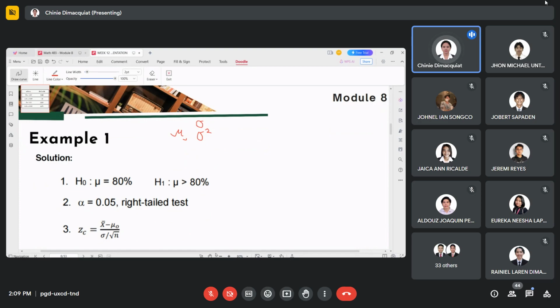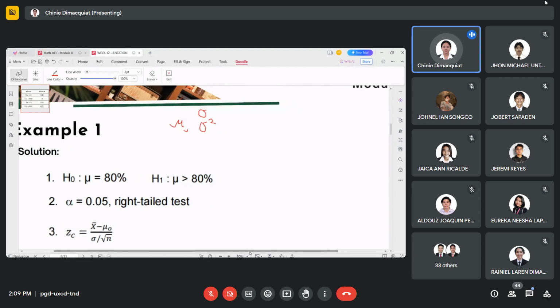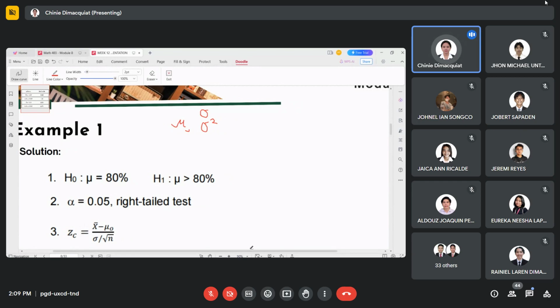So z is equal to sample mean minus population mean divided by population standard deviation over square root of n. Ito yung ating formula. Then yung pang-apat, doon natin i-indicate yung ating decision rule.